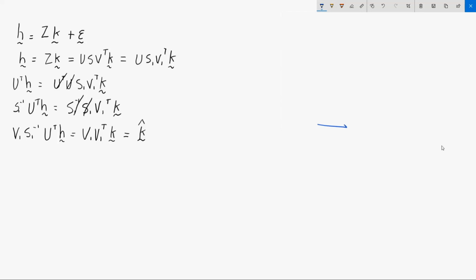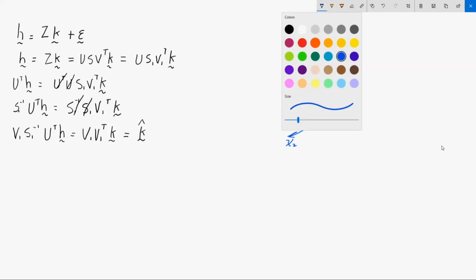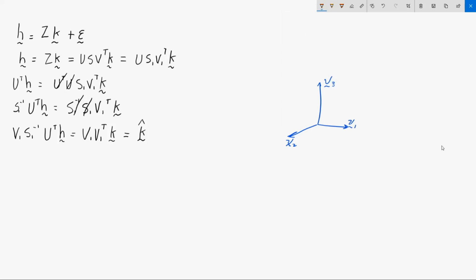I'll pretend that I've got a three-dimensional parameter space, little v1, little v2 spanning the solution space, and I'll pretend that vector v3 spans the null space. Somewhere out here in parameter space is the truth, the parameter set K that I will never know.